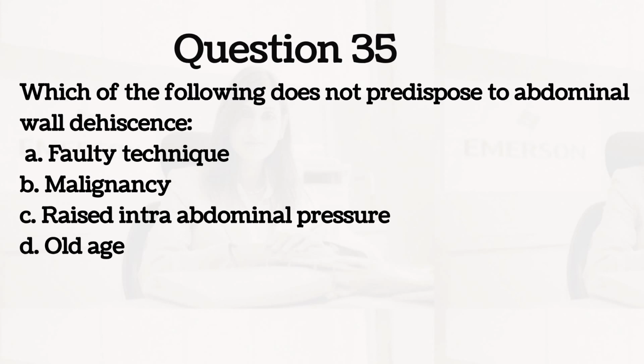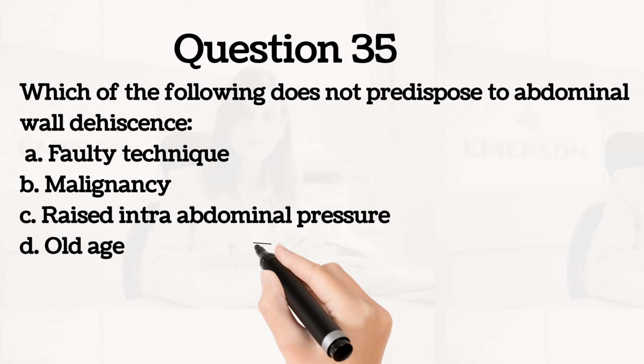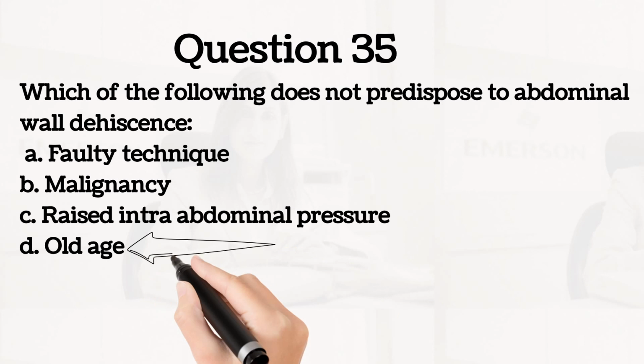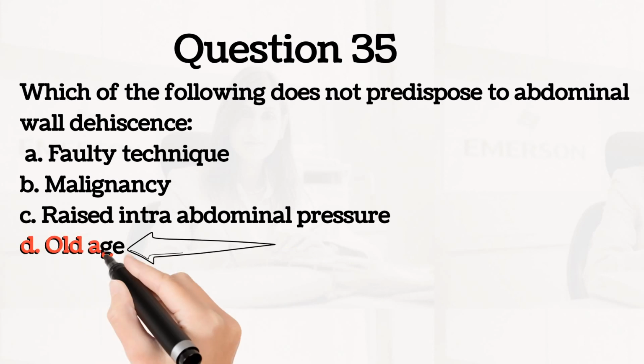So for this one, you can see that if you have a faulty technique, of course, it's going to predispose someone. Then B, malignancy as well. Then C also, but old age has nothing to do with abdominal wound dehiscence. So for question 35, the answer is D.